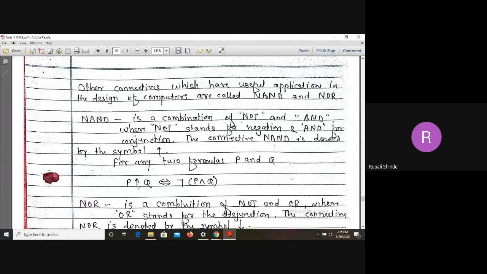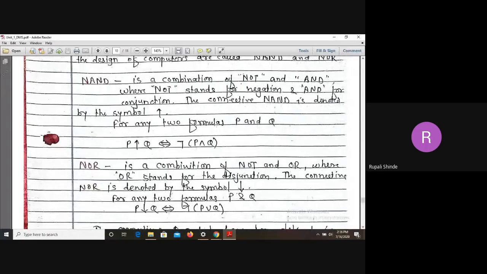If you take any two formulas P and Q, the NAND between these two is represented by P NAND Q, and this is equivalent to negation of P and Q. What we have seen, NAND means it is a combination of not and AND. So this negation represents not, and we take the conjunction of these two variables as P conjunction Q. So negation of P conjunction Q.